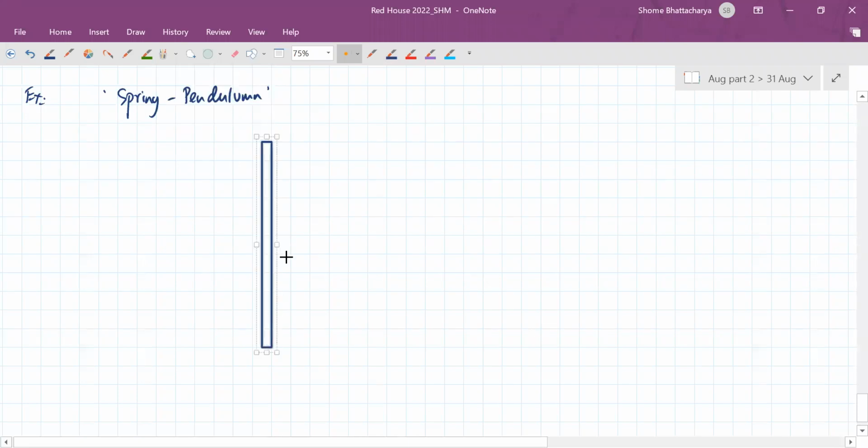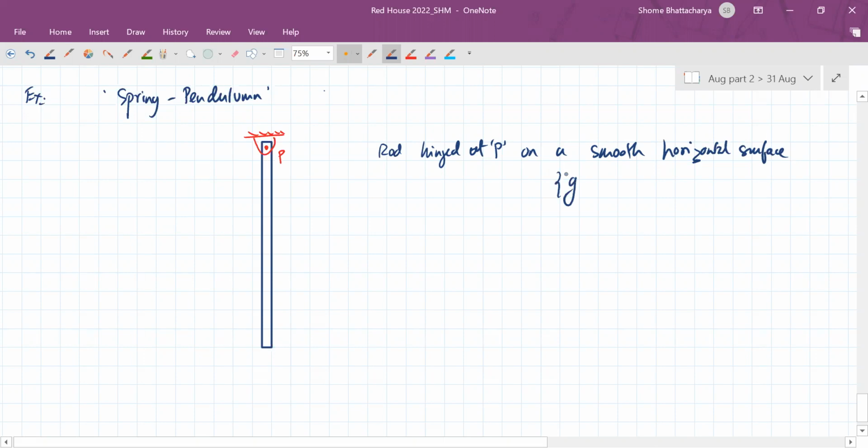Okay. So now imagine the situation that this rod is actually in a horizontal plane. Gravity is going into the plane and it's hinged like this at the point P on a smooth horizontal surface. So this is a rod hinged at P on a smooth horizontal surface. So acceleration due to gravity is into the plane in this diagram.